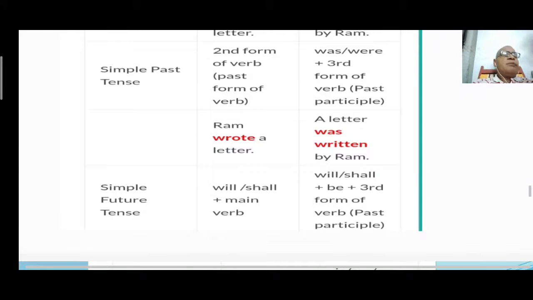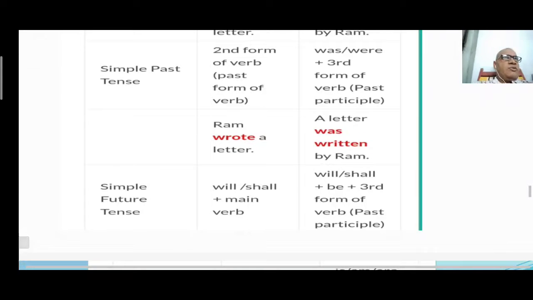voice. Simple future is a tense which denotes future action. Subject plus shall or will plus verb 1 plus object. That is the basic form of the principle of a simple future.